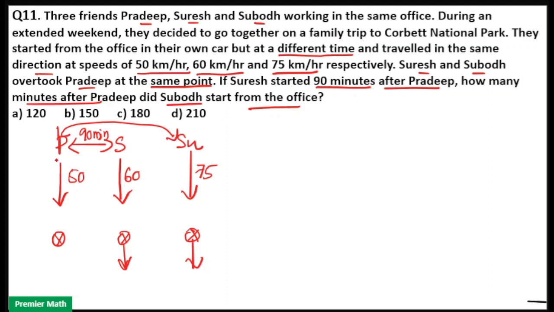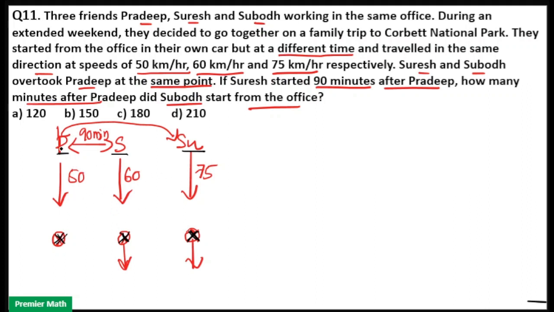Here, you can see from this meeting point, distance is constant. Suresh and Subodh are overtaking Pradeep at the same point. So from this to this, distance is constant.